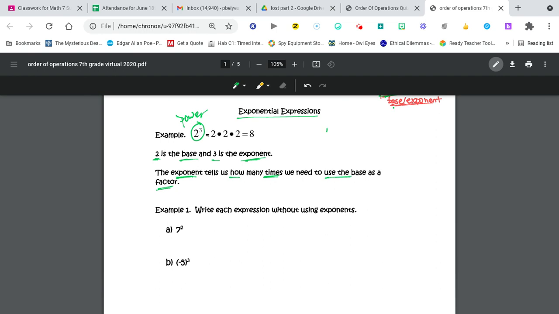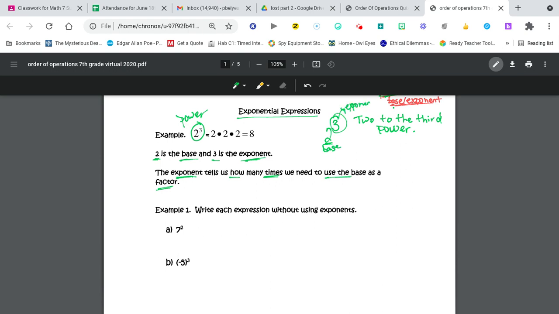So when I have 2 to the third power, that's how you read it. When you write it, this 3 tells us how many times to write this base of 2. Base is 2. The 3 is the exponent.